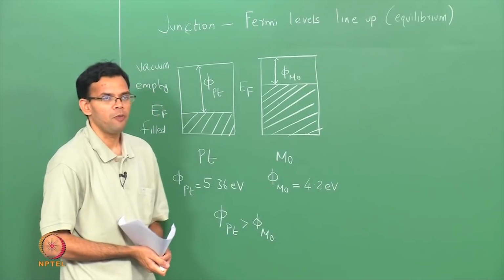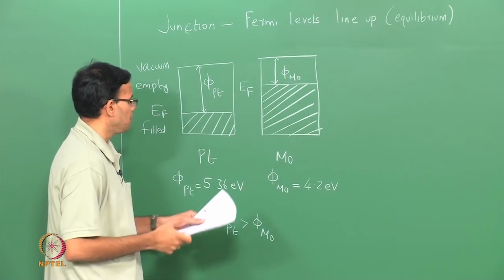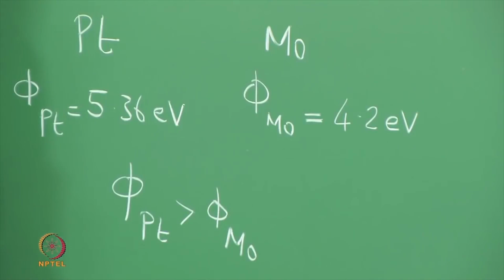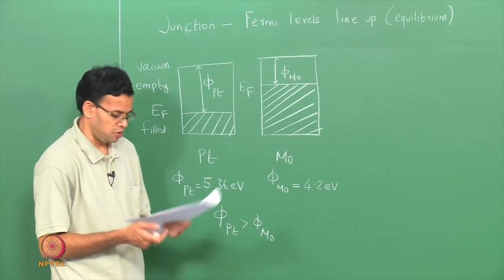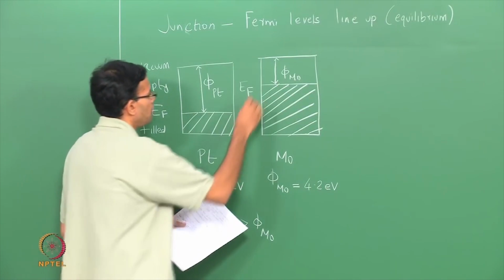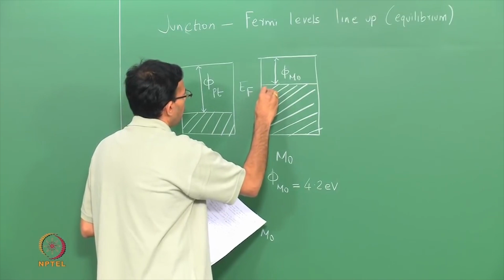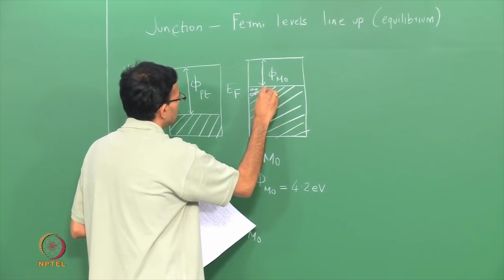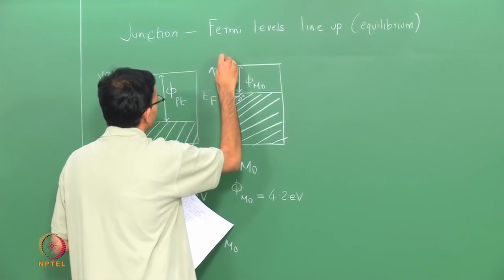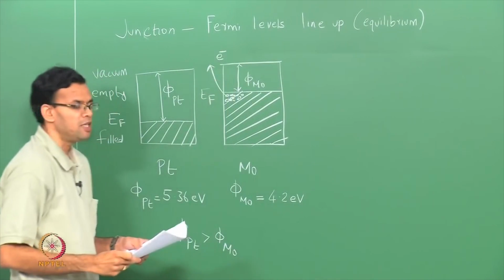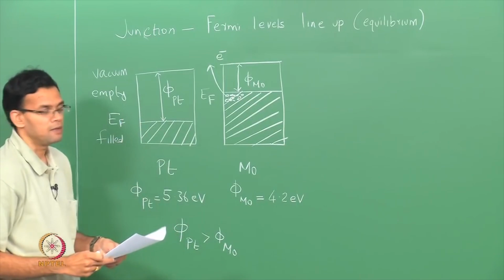So, we are going to form a metal-metal junction by putting platinum and molybdenum together. We will worry later how these junctions are actually formed. Right now we will just say that we form the junction. So, if you think about it, molybdenum has a whole bunch of electrons close to the Fermi level, and there are a whole bunch of empty states in platinum.